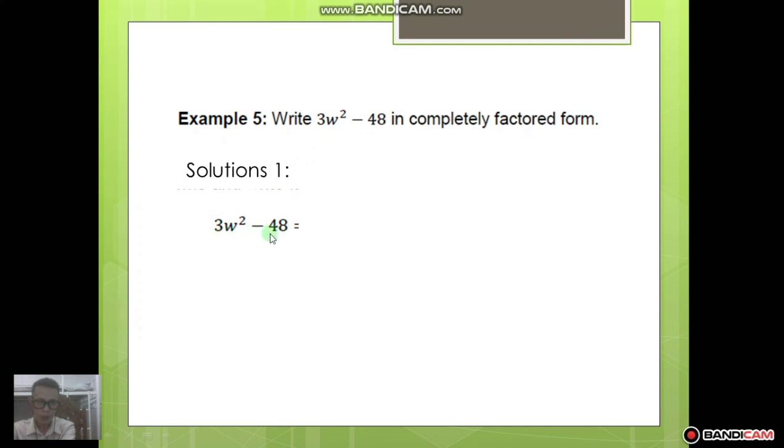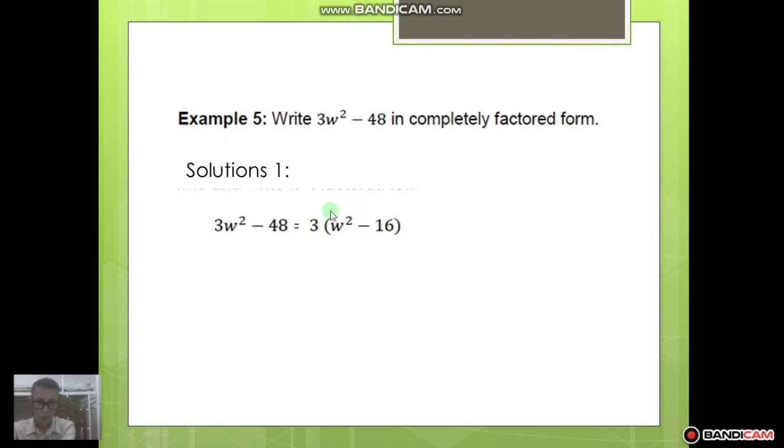We have what we call the greatest common monomial factor, or the GCMF, and the GCMF is 3. This is the GCMF and this is the other factor. How to get this? Recall your learning about factorization by the greatest common monomial factor. Just divide this term by the GCMF and the result is w squared. With negative 48, if we divide this by the GCMF, the result is negative 16.